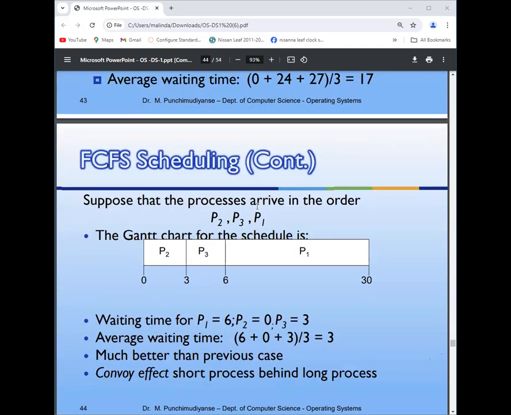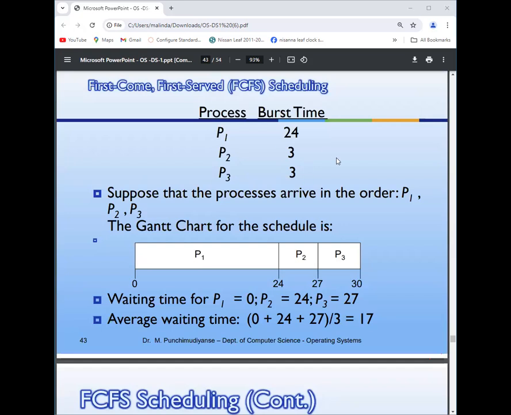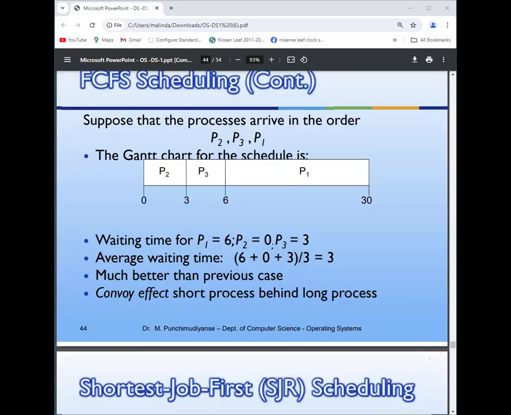So actually this is the problem of the first come first served scheduling algorithm. When the long running jobs come first, then the shorter jobs have to wait for a long time to get the CPU. We call it the convoy effect. Okay, short processes are behind long processes. Then it has a convoy effect.